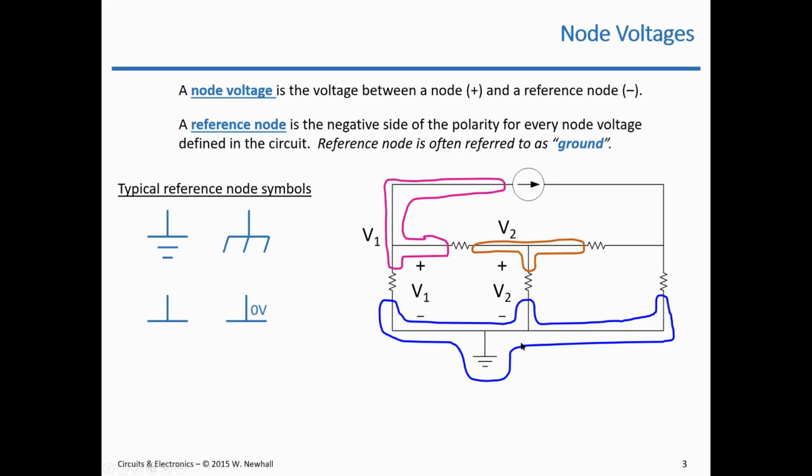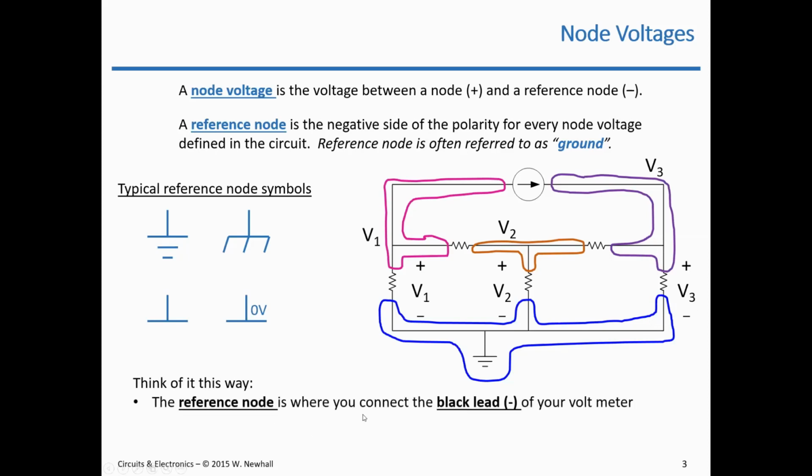The reference node always has the negative sign of the node voltage. And so here's V3 that applies to this node. You could guess V3 has positive sign at this purplish node, negative sign at the blue node. Okay, so you can think of it this way.